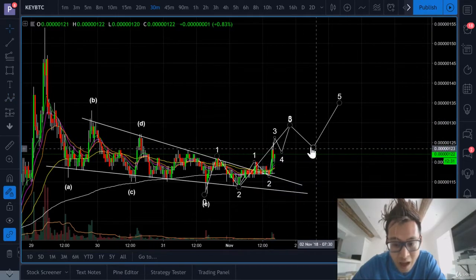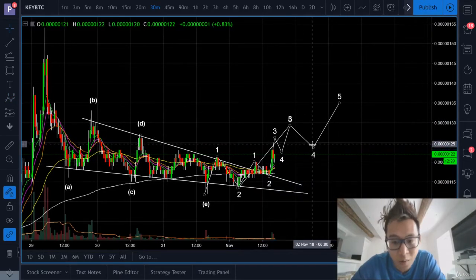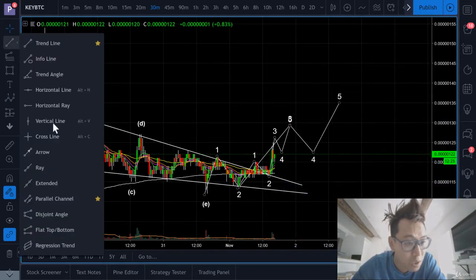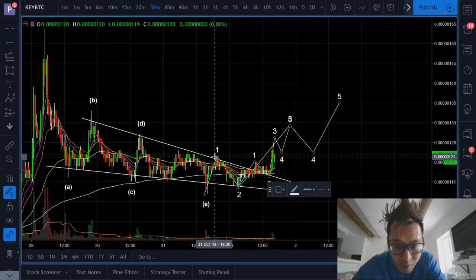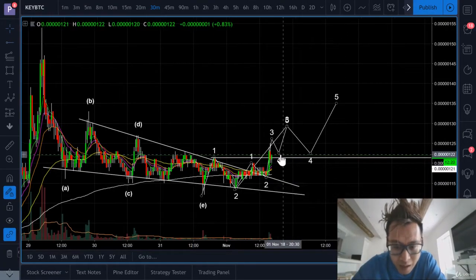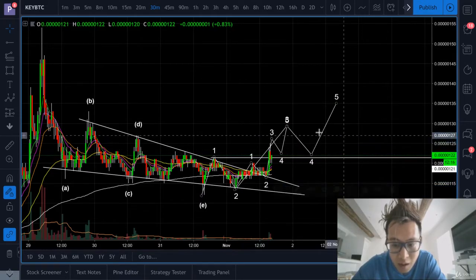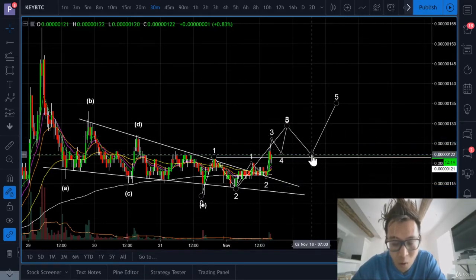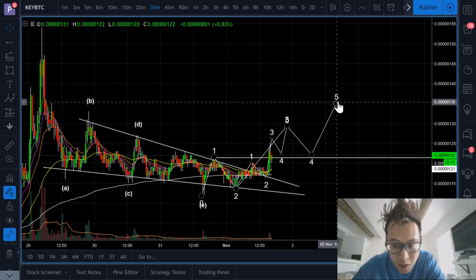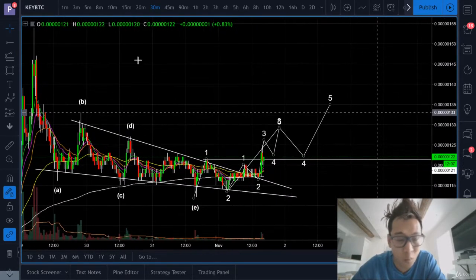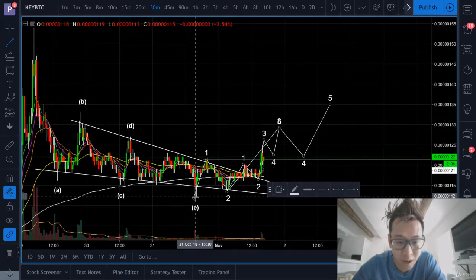If that actually satisfies the requirement, then wave 4 should no more than retrace by a wave 1 territory, correct? Just something like that in here, right? And then if that happens, then we should get a wave 4 that will act as a support near the wave 1 region, right? And then we get a breakout, which now this will actually make one large impulse wave.